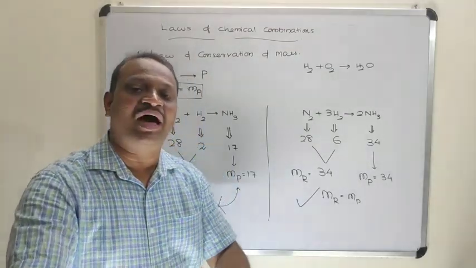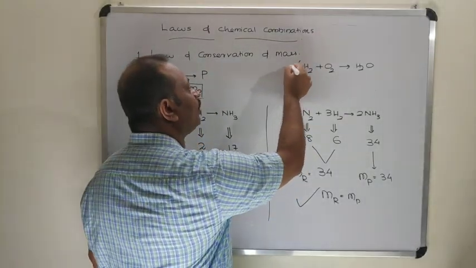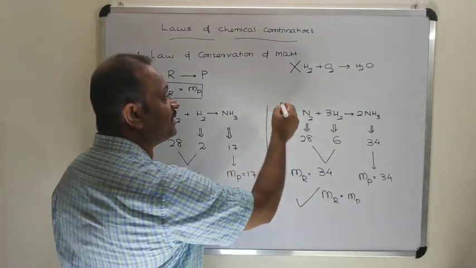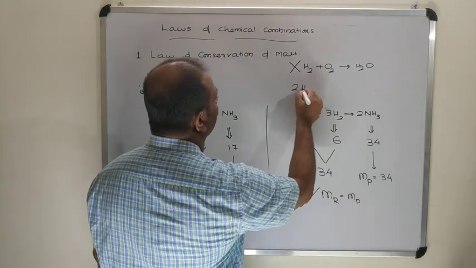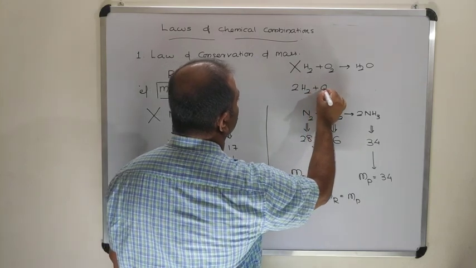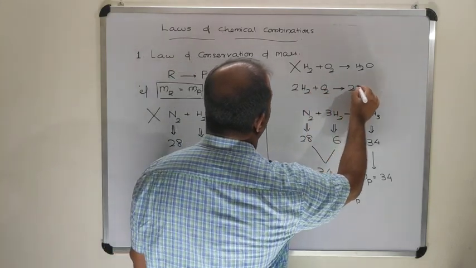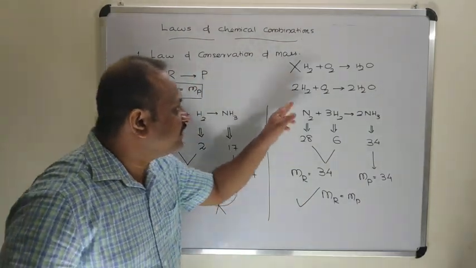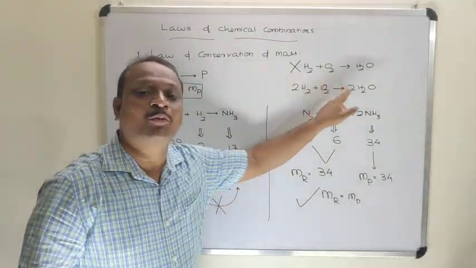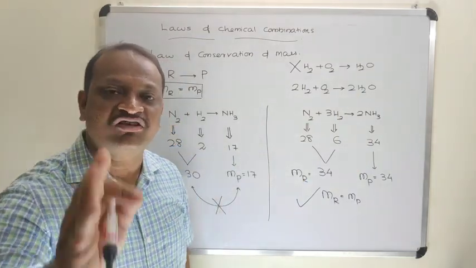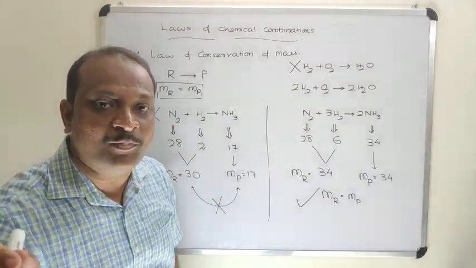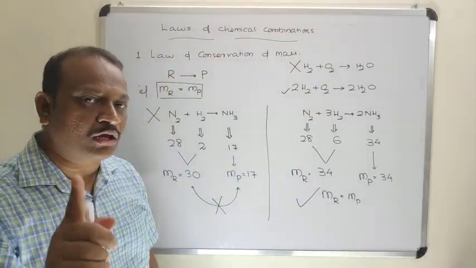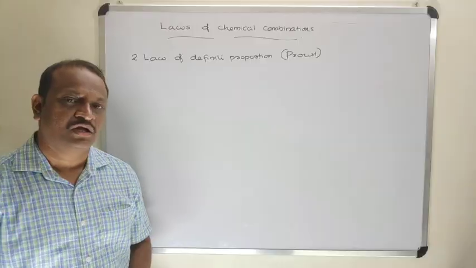If it is not balanced, it's not obeying law of conservation of mass. And I'm writing another reaction there. We have 2H2 plus O2 gives you 2H2O. In this particular reaction, you can see that the equation is properly balanced. If the equation is properly balanced, then it obeys law of conservation of mass. So that's regarding law of conservation of mass.